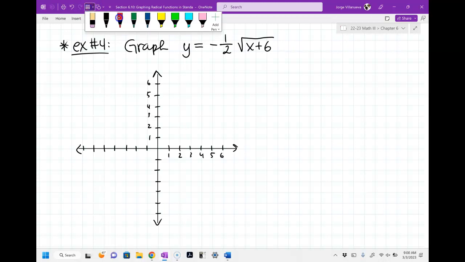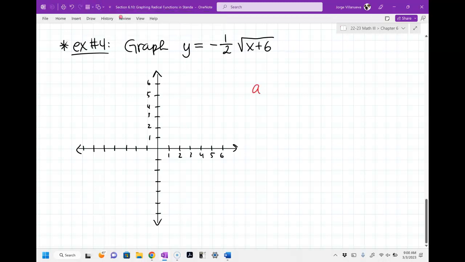What's my A term? It's a negative half, okay? That's my amplitude, negative half, which means it's going to rise slower, but think back to when we've graphed. When the amplitude became negative, what happened to the graph? So if I graph x squared and it looks like this, what did negative x squared look like?